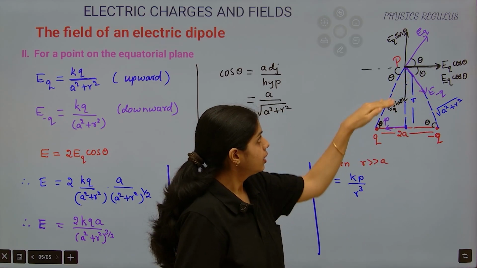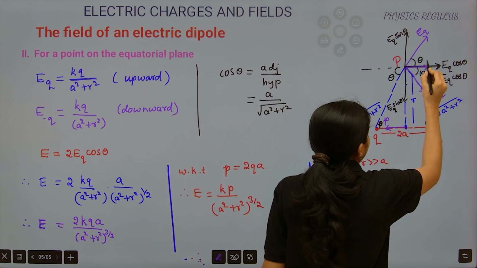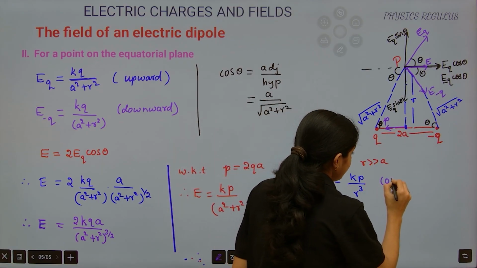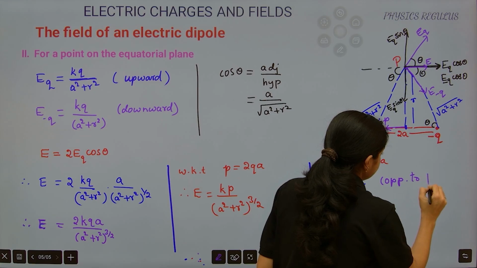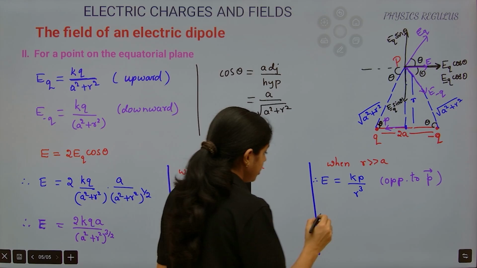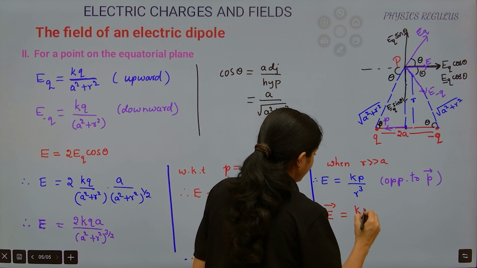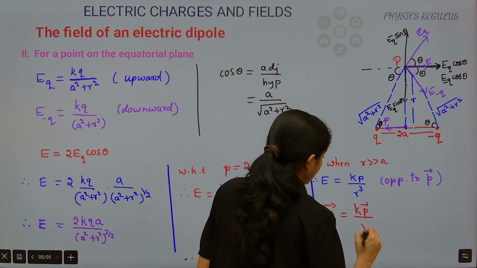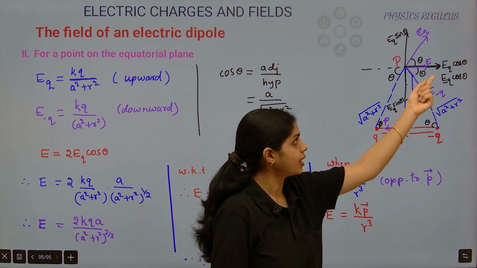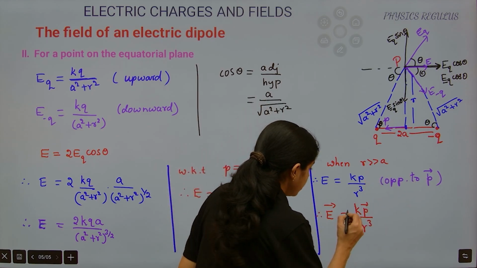What about the direction? The direction of resultant electric field is opposite to the direction of dipole moment. We can write electric field in vector form. Vector E equal to k into vector p by r cube. Since the direction of resultant electric field is opposite to the direction of dipole moment, you will get negative sign here.